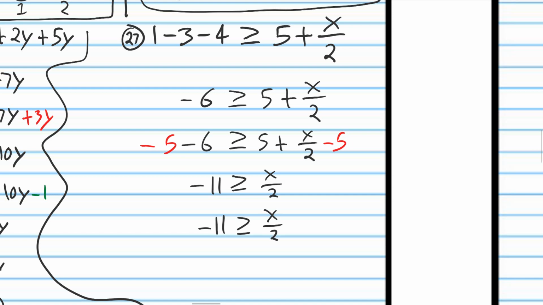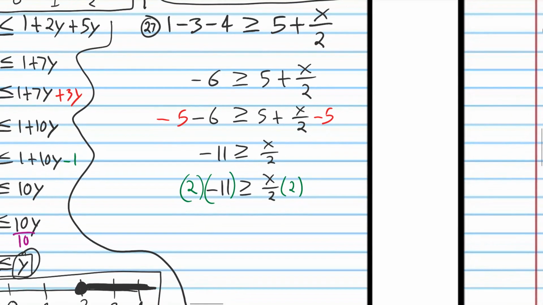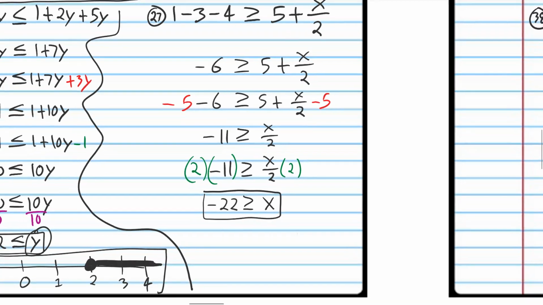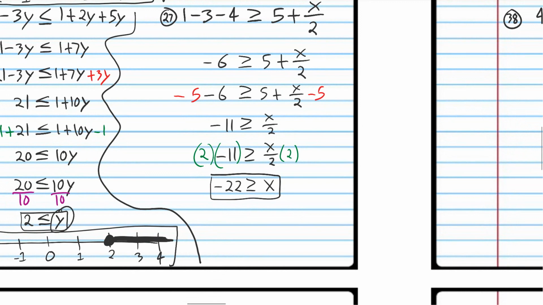And then we're going to multiply both sides by 2. And remember, you have to put parentheses around both the 2 and the -11 on the left side of the equation, or the inequality. Again, this is not an equation, it's an inequality. 2 times -11 is -22. So if you got -22 is greater than or equal to x, that's perfect. Good job. But now we have to graph it.